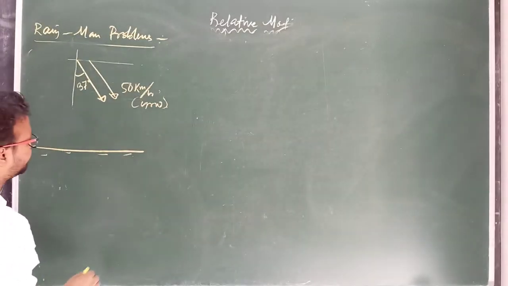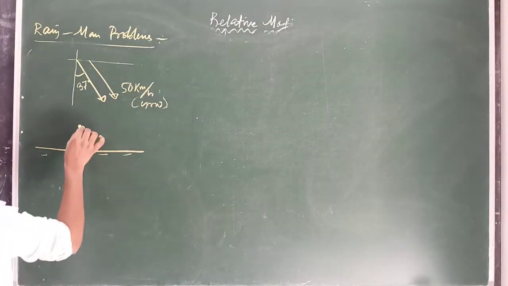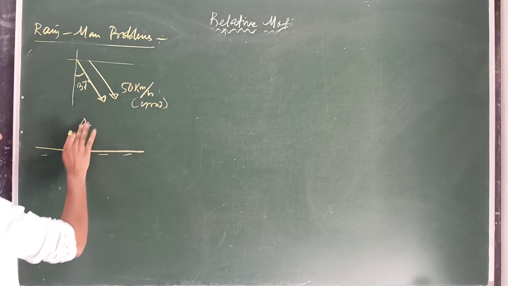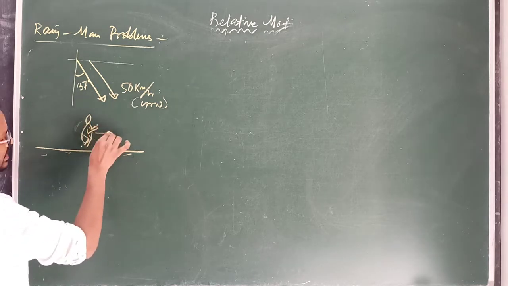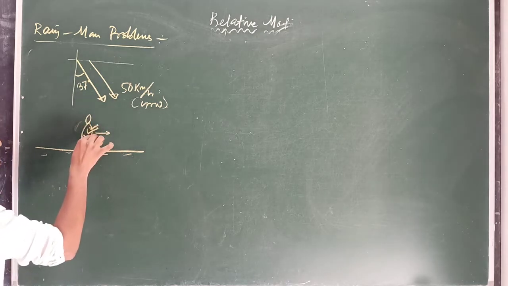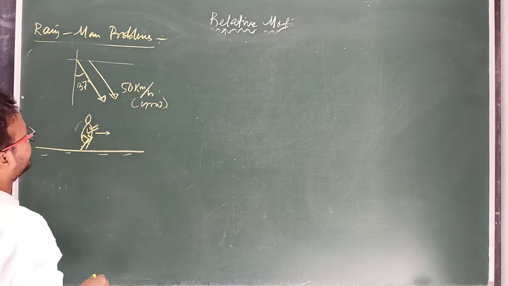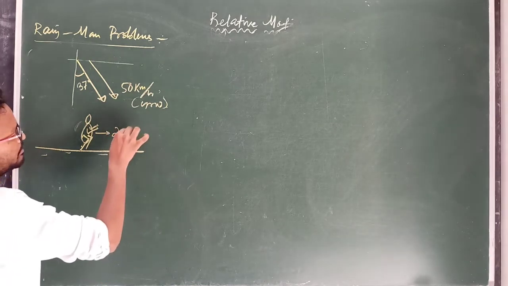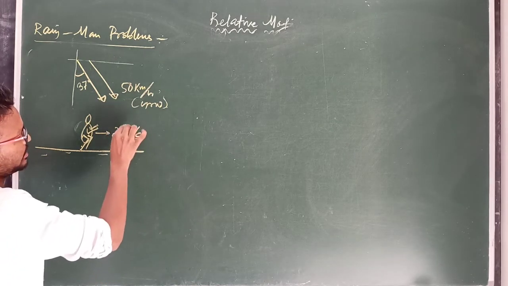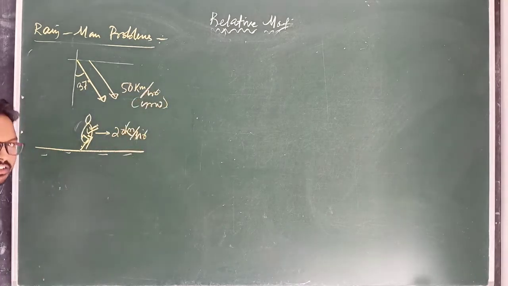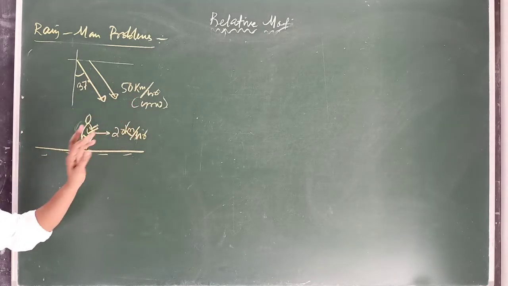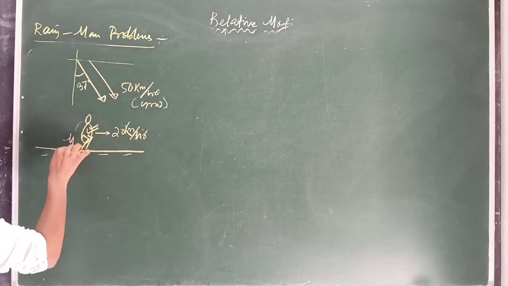And a person, or cyclist you can say, is moving in this direction with a velocity of, suppose, 20 kilometer per hour. Units should be equal. Clear? So find the relative velocity of rain with respect to man. This is man and this is rain.